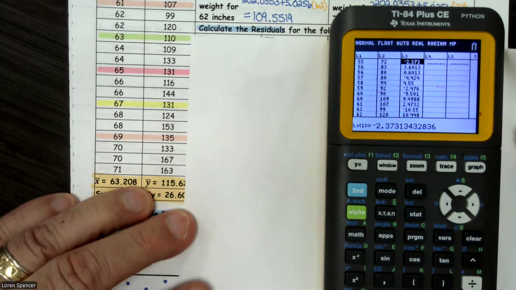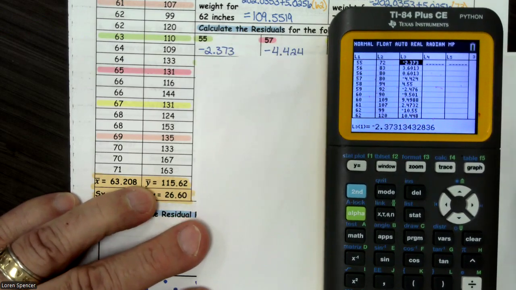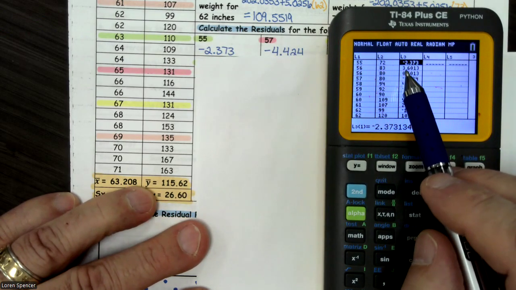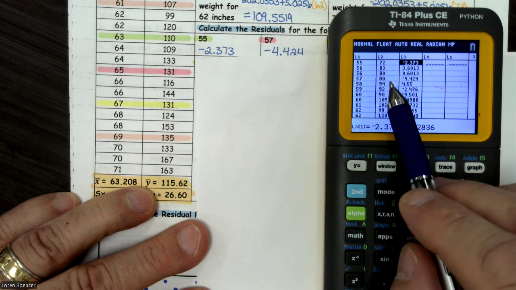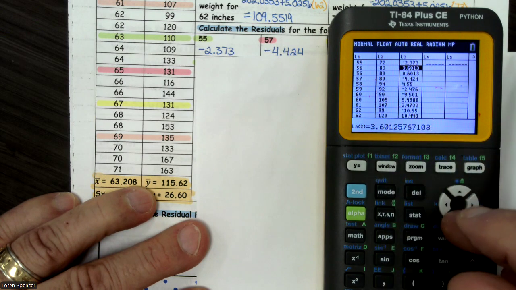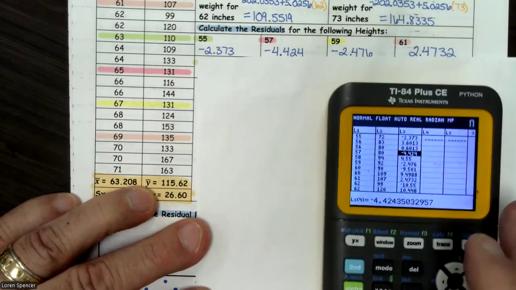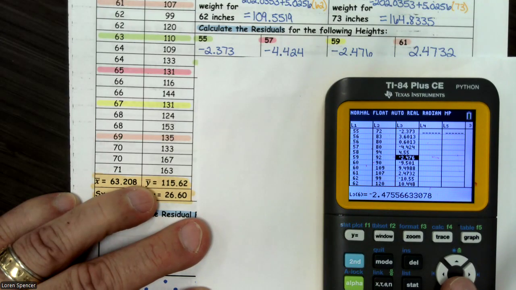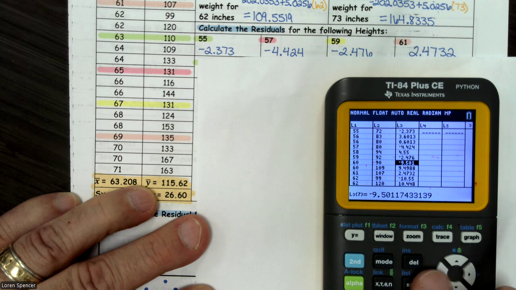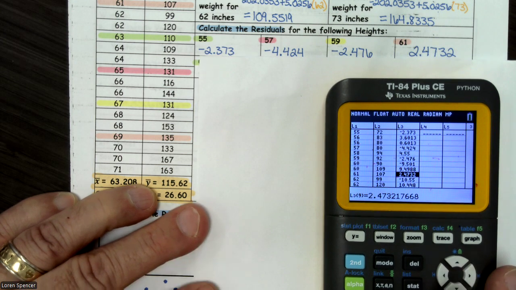Okay, so the first one it asked for 55. Well, 55 is negative 2.373. At 57, it's negative 4.424. Scrolling down to 59 is negative 2.476. Then it asked for, and by the way, I'm reading 61, and that's 2.4732.